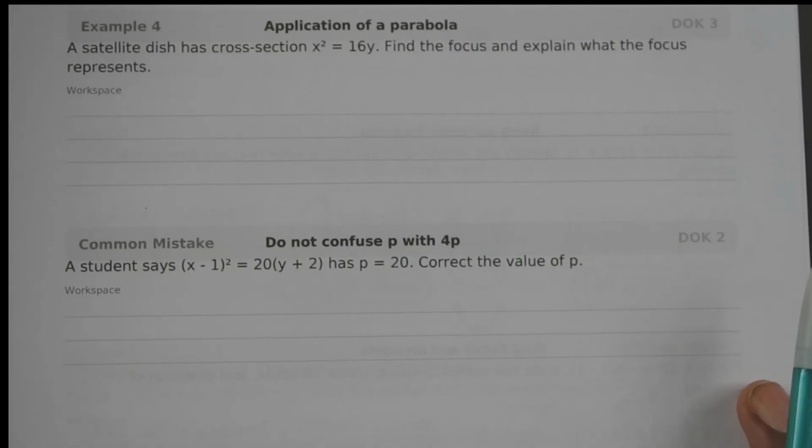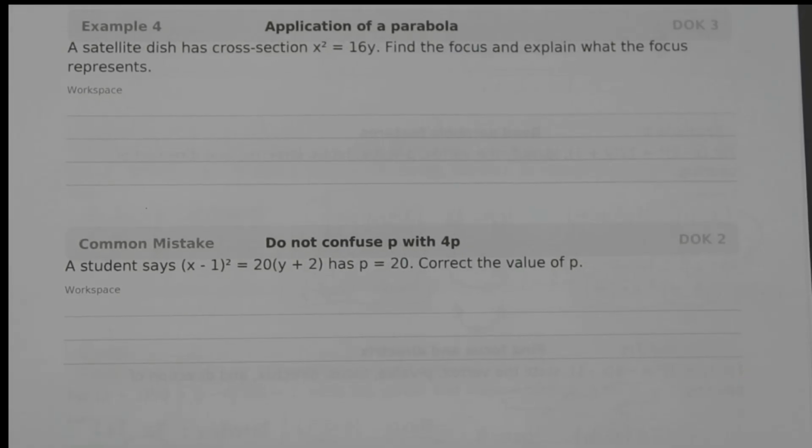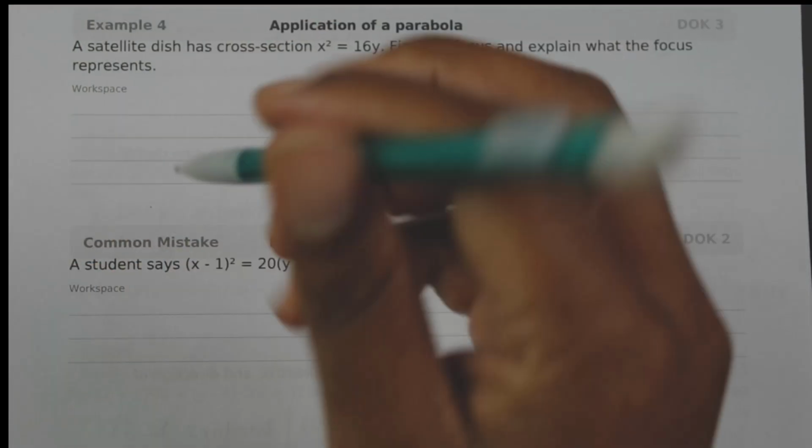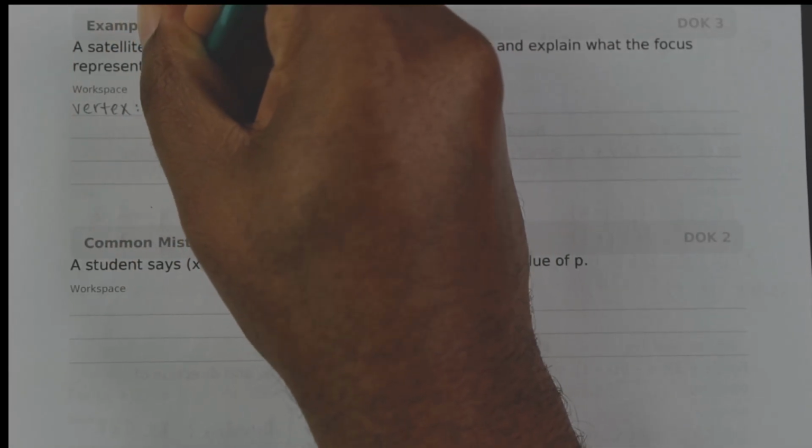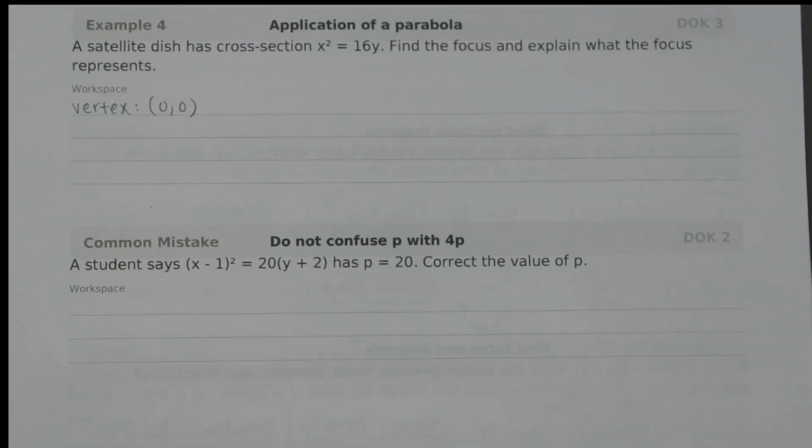A satellite dish has cross section x squared equals 16y. Find the focus and explain what the focus represents. So the equation is x squared equals 16 times y. What that means is that the vertex is at the origin. Just as in the same problem that we had before, the vertex would be 0, 0.